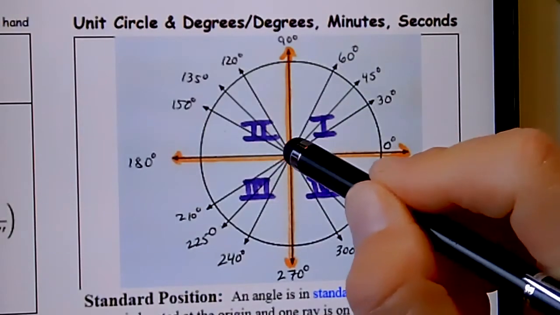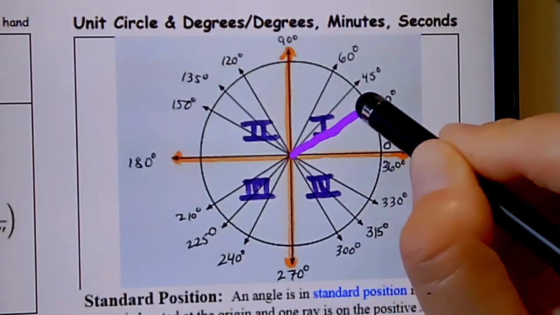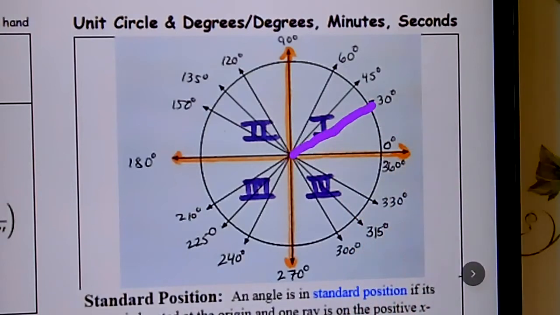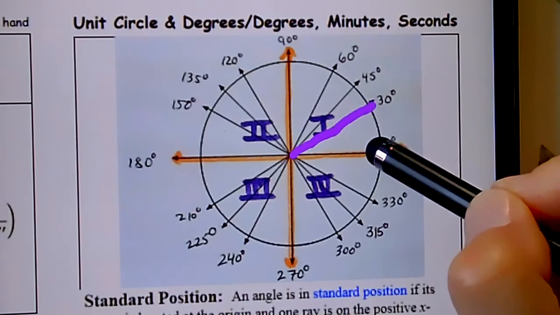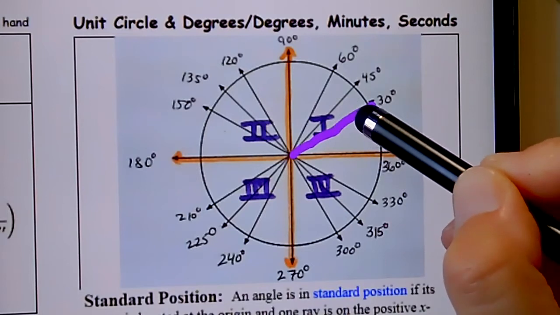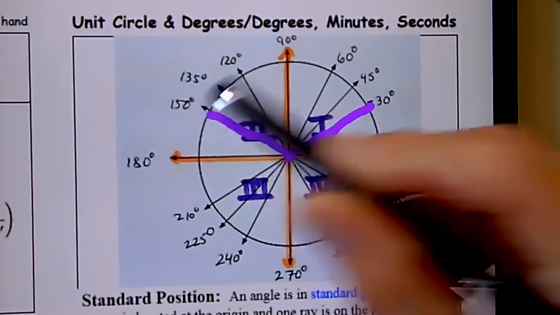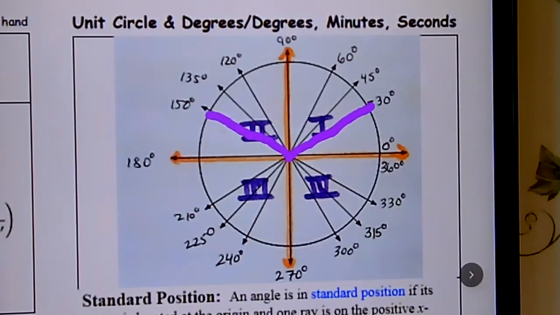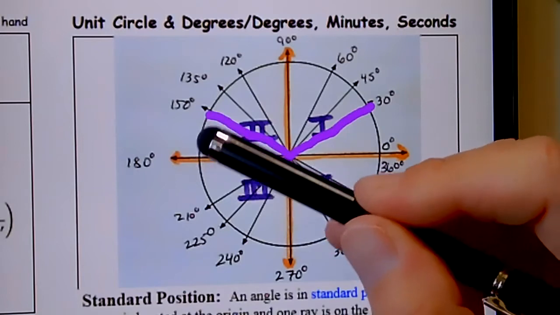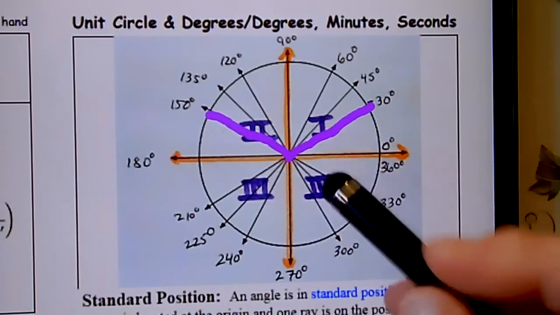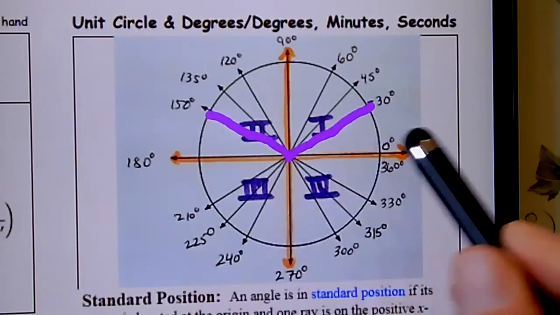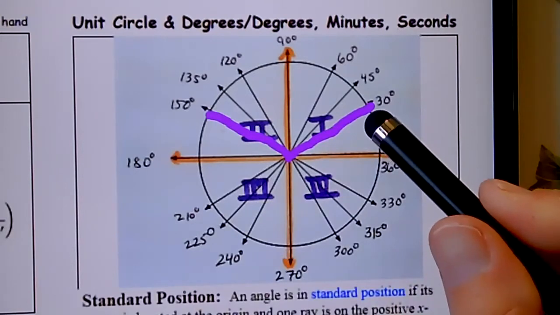So quadrant 1, this is 30 degrees, and it's 30 degrees above your x-axis. Over here, this 150 is also 30 degrees above the x-axis. Okay. So 150 is going to have 30 degrees as what we call the reference angle.